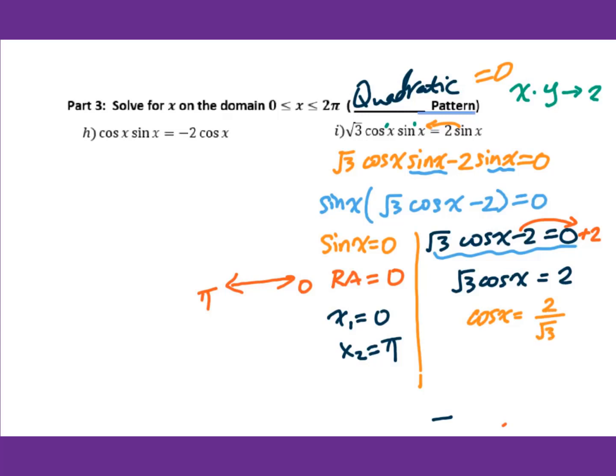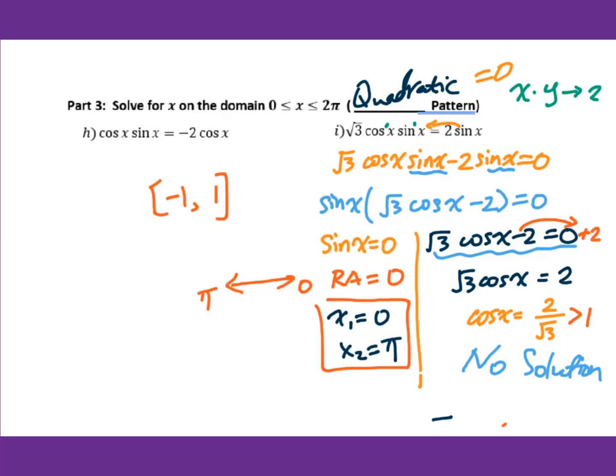Since cosine has to be between -1 and 1, but 2 over square root of 3 is greater than 1, therefore there's no solution. Therefore, we only have 2 solutions for this equation.